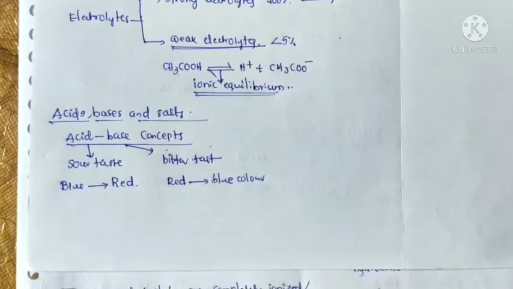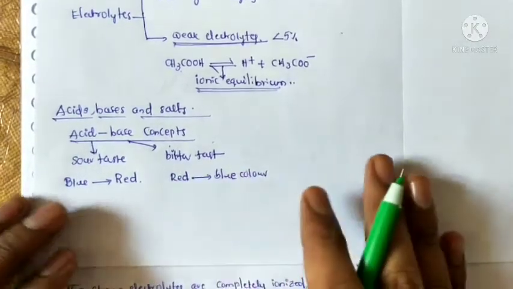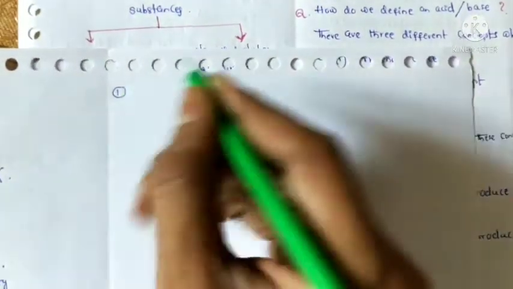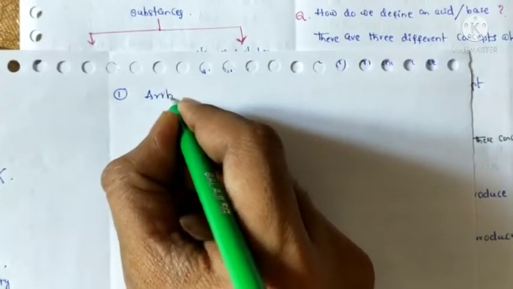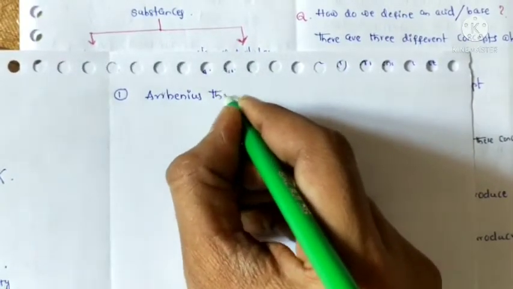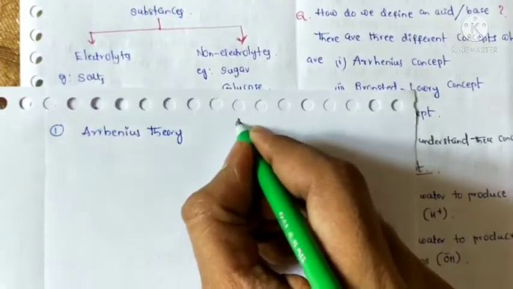So generally we can determine acids and bases, but here some theories are derived. Let's see the first theory, that is the Arrhenius theory, or Arrhenius concept.